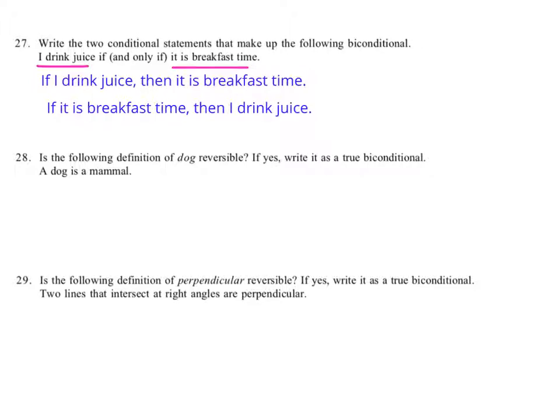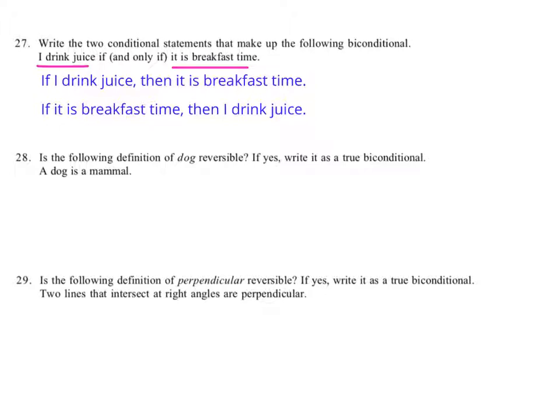Okay, and that's how you break a biconditional up into two conditional statements. You identify the part before the if and only if, and the part after, and you use them each as the hypothesis and conclusion once in the two definitions, okay, or in the two conditionals.